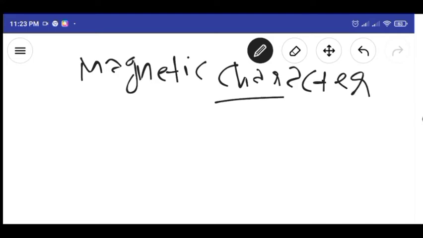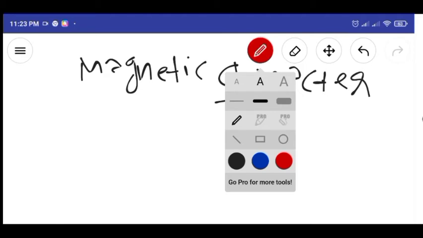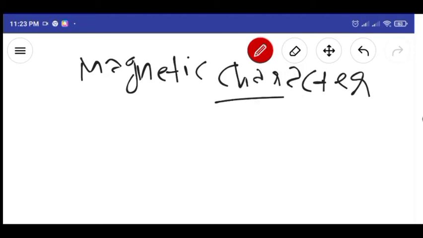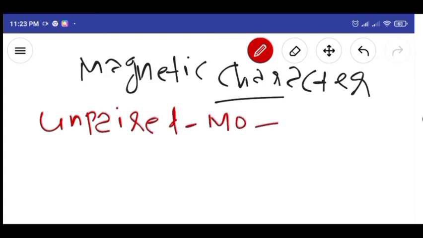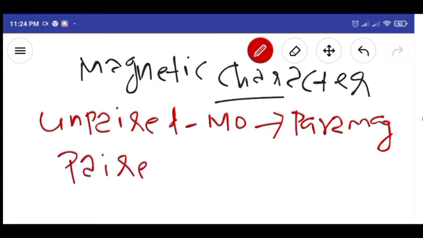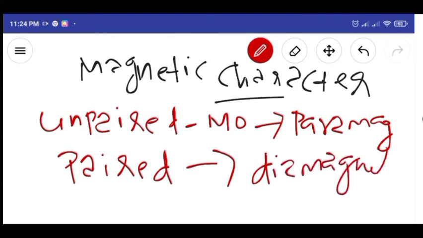If a molecule has unpaired electrons in its molecular orbitals, we can say it is paramagnetic in nature. If all electrons are paired, then we call it diamagnetic. If unpaired electrons are there, then paramagnetic. If paired electrons are there, then diamagnetic.